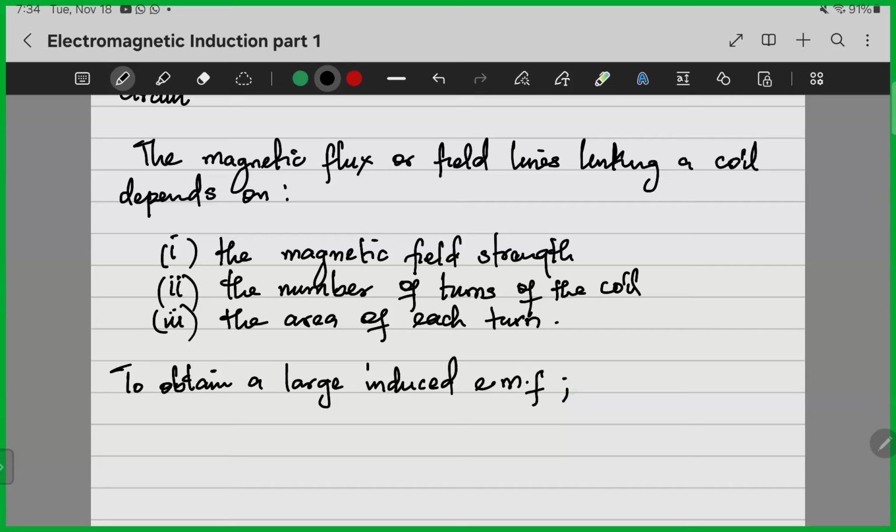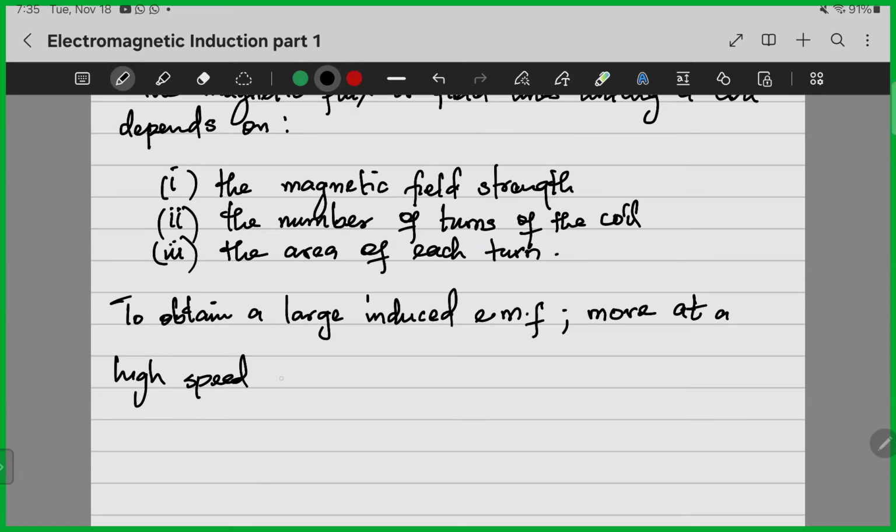So to obtain a large induced EMF, move at a high speed across a strong magnetic field.